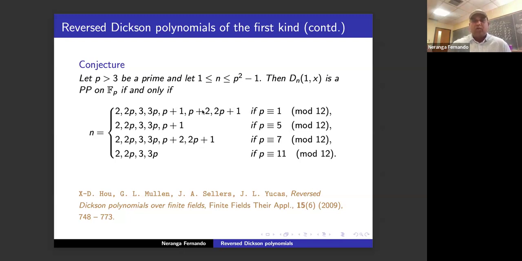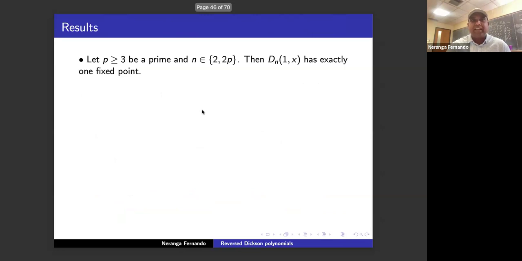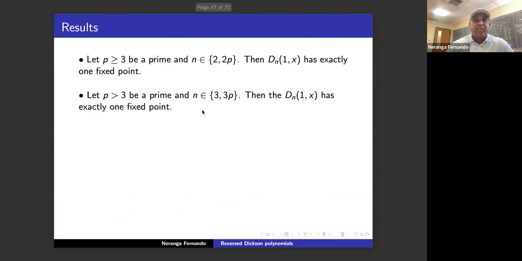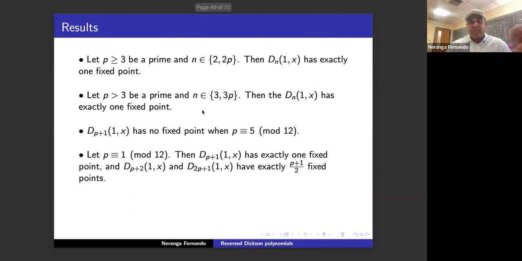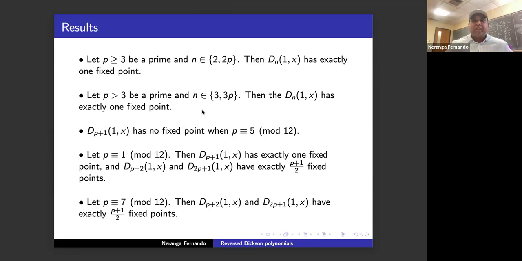So then what we did, we considered these permutation polynomials and counted the number of fixed points of these permutation polynomials. We considered several cases taken from the conjecture, and we showed that these are the number of fixed points satisfied by the reverse Dickson permutation polynomials from the first kind.